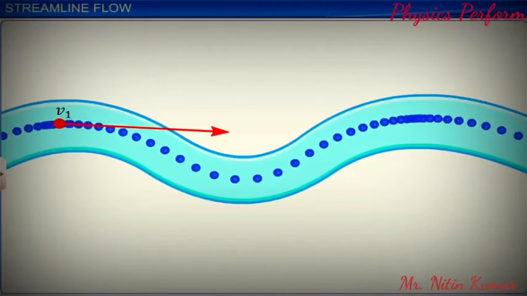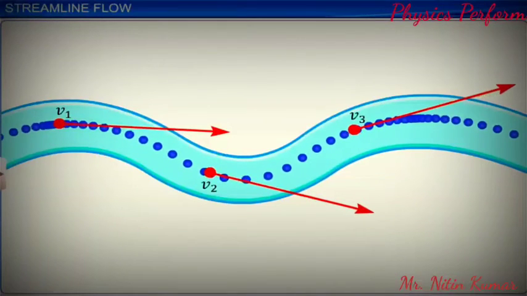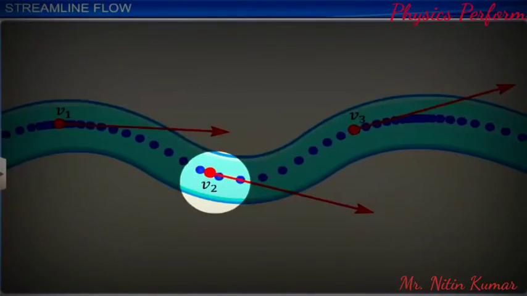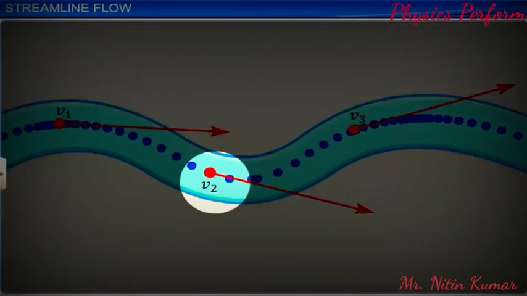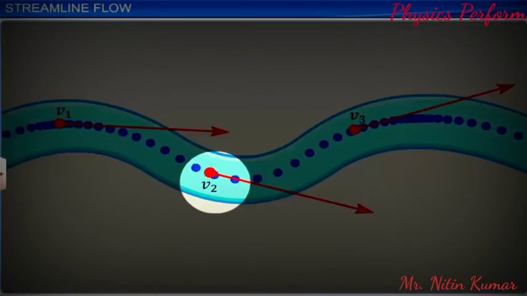The velocity of a given particle may vary from one position to another in its path, but at a given point in the path, all the particles passing through the point have the same velocity. Each particle follows the same path taken by a previous particle passing through that point.